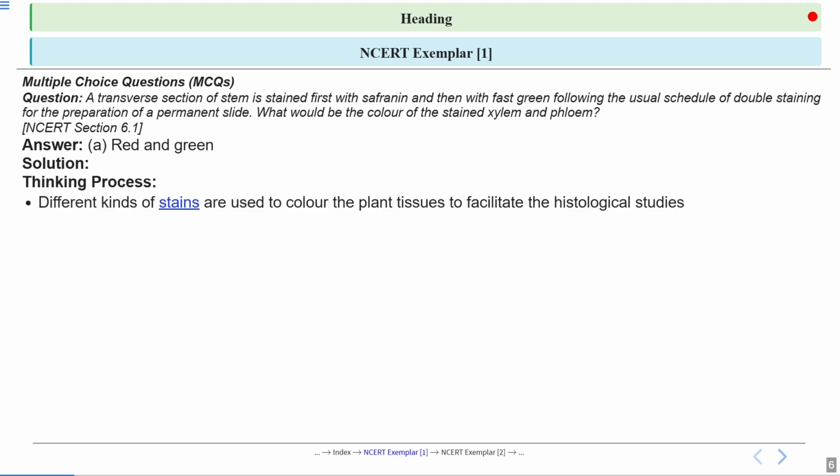Different kinds of stains are used to color the different plant tissues to facilitate histological study. There are two different stains, and the two conducting tissues, xylem and phloem, are also separate. Safranin and fast green are used to color the plant tissue so that it can easily be seen.